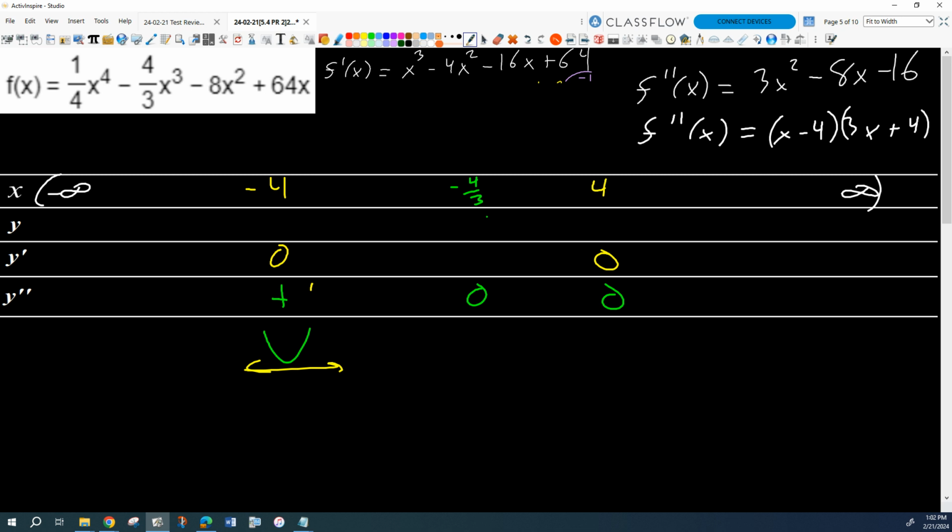So when we pick a test point, I'll defend why this way is better. If we pick a test point here at -1, and up here at like 5. Let's go down and work in the second derivative row. At -1, we're gonna get negative times positive, which is negative.